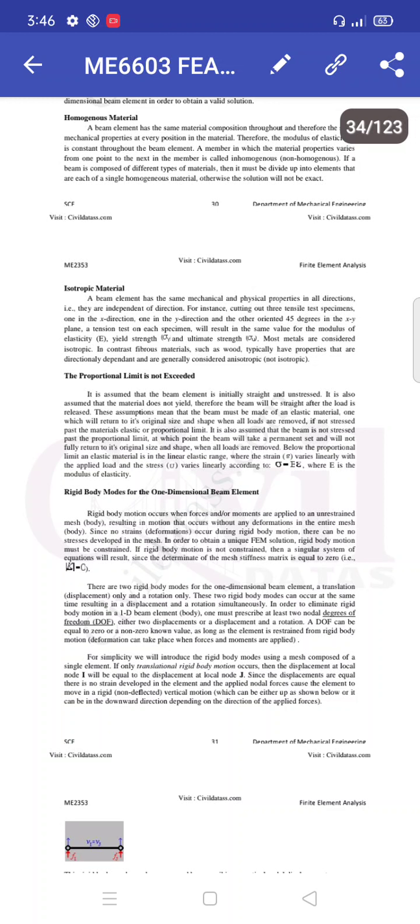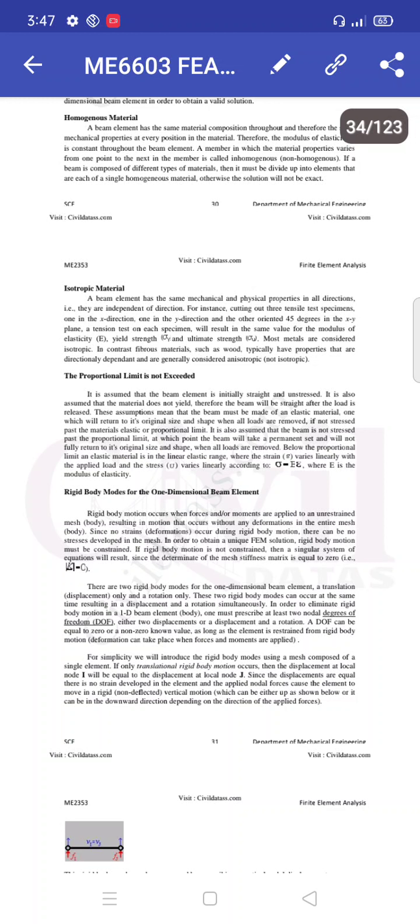The beam is stressed below the material's elastic or proportional limit. It is also assumed that the beam is not stressed past the proportional limit, at which point the beam will take a permanent set and will not fully return to its original size and shape when all loads are removed.